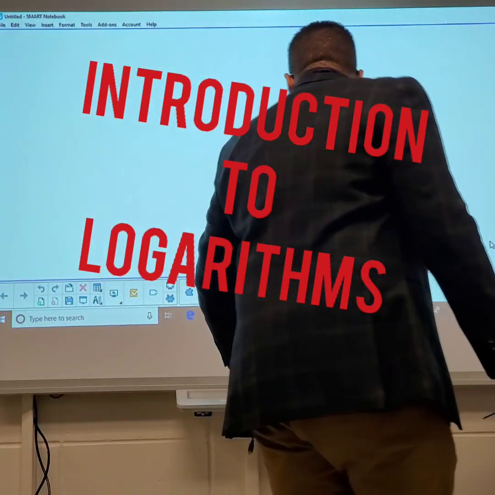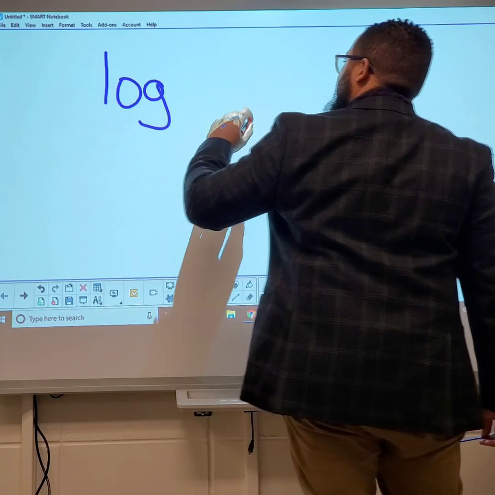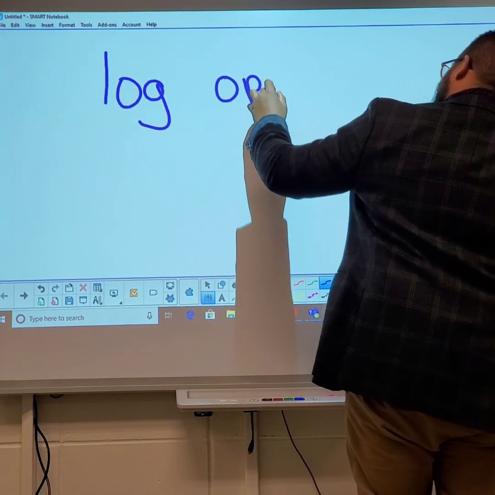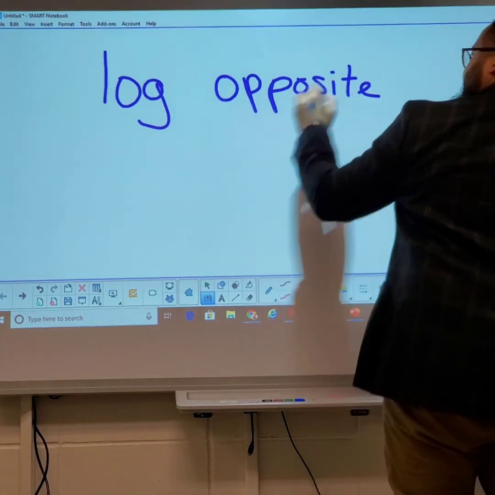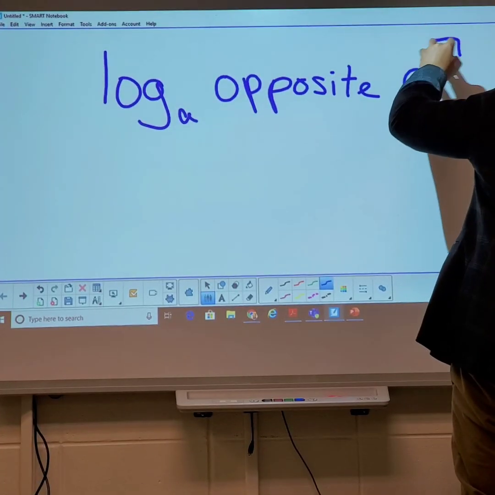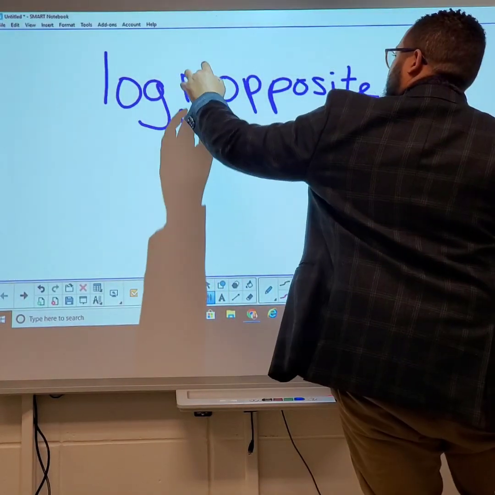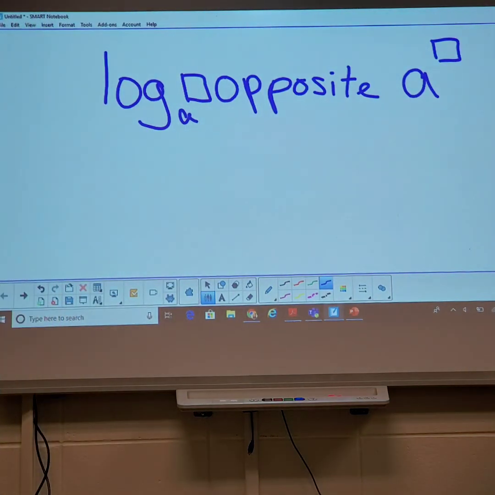A log is basically the opposite of a to the something. So log base a of something is the opposite of a to the power something.